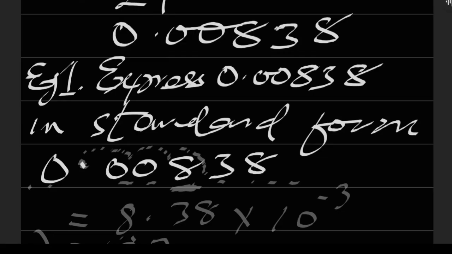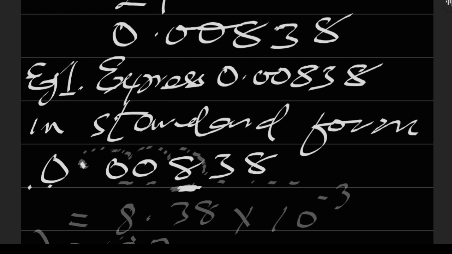0.00838. What are we going to do? We will move the decimal till it falls after the first significant figure. I've said it earlier, 0 is not a significant figure. It can only be considered as a significant figure if it finds itself in between significant figures. And significant figures are numbers from 1 down to 9.